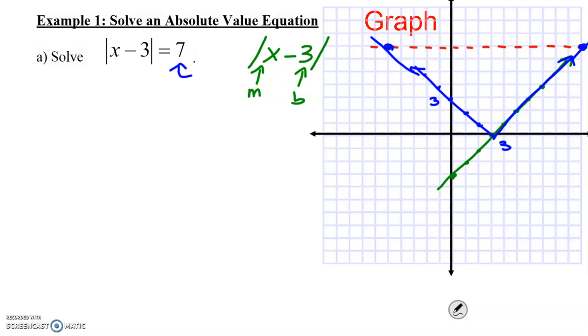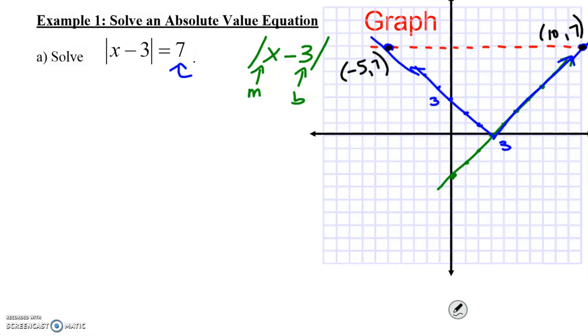So it looks like one solution is at negative 5, because this point here would be at negative 5 and 7. And it looks like we have another point here at 10 and 7. So negative 5 and positive 10 look like my answers.